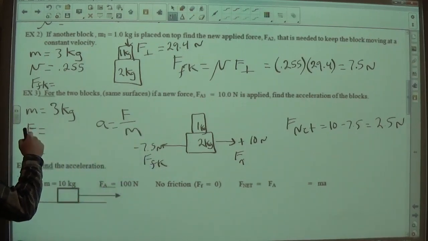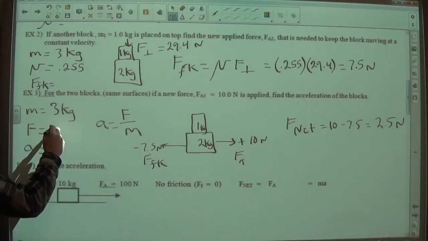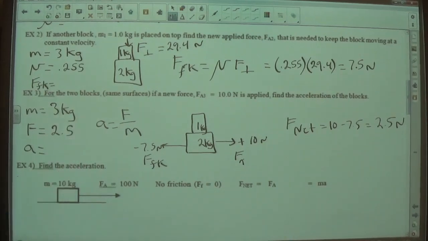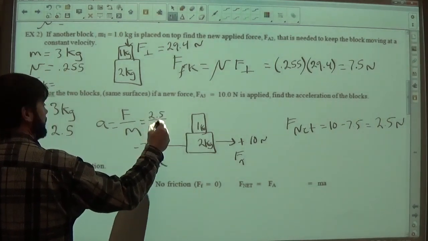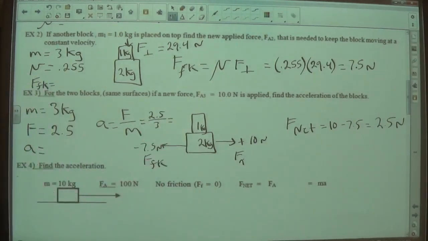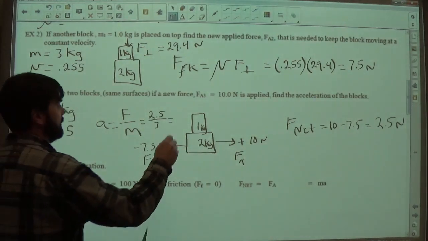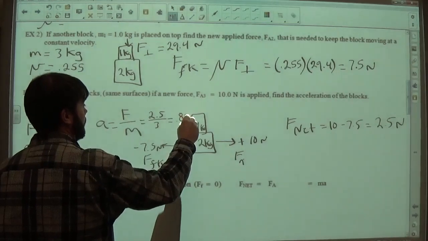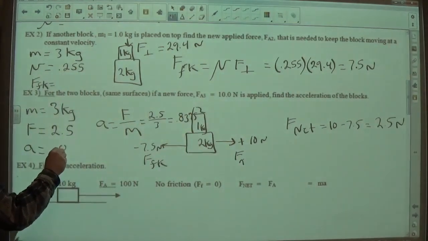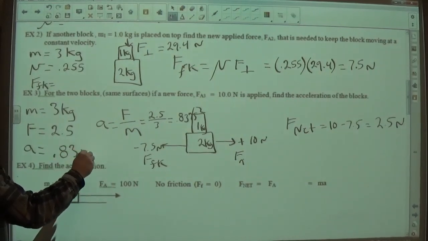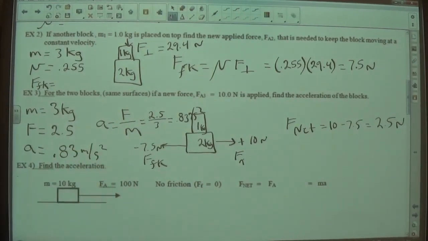So our net force that we're using here is not 10 and it's not 7.5, it's actually 2.5 newtons. And if I divide all of that out, so I can put it here, 2.5 divided by the mass of 3, this is going to give me something a little bit less than 1. Gives me 0.83. This is meters per second squared. That would be the acceleration of the block.